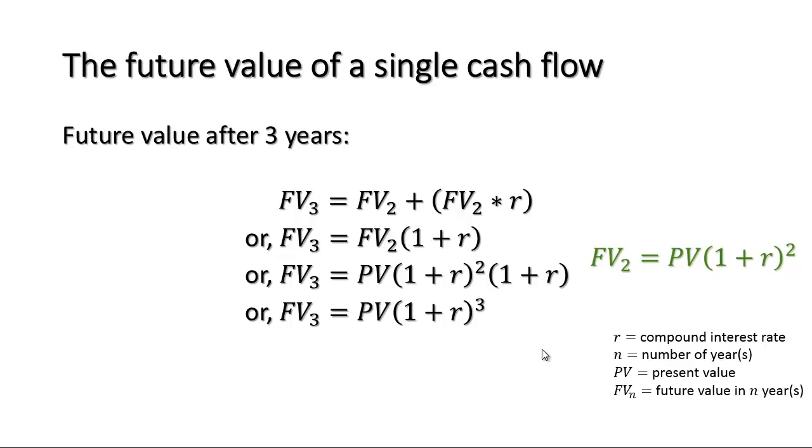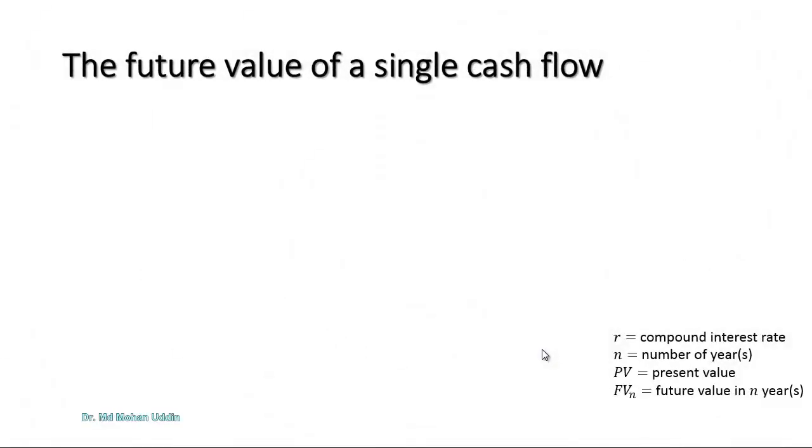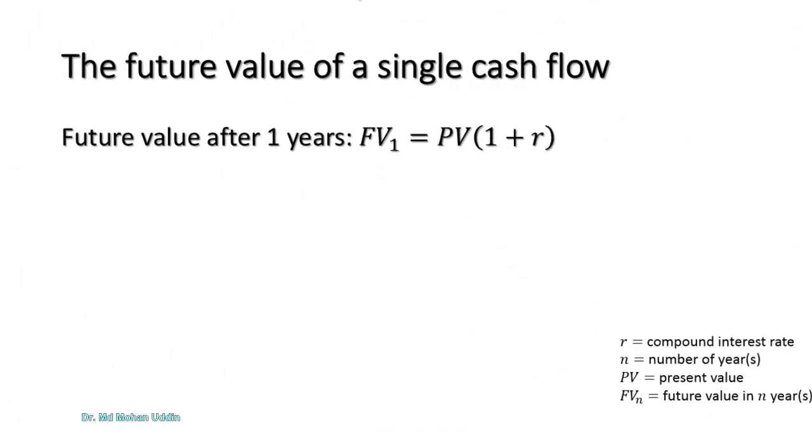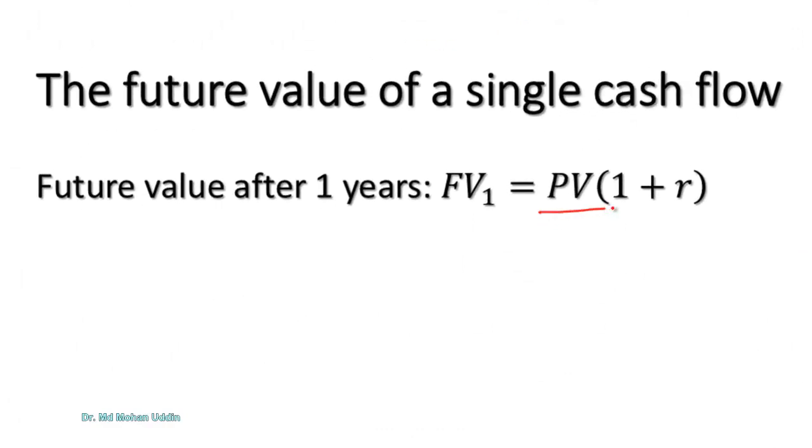Now if we look carefully at the expressions for future value after 1 year, 2 years, and 3 years, then we will see a trend. Future value after 1 year is PV times (1 + R).